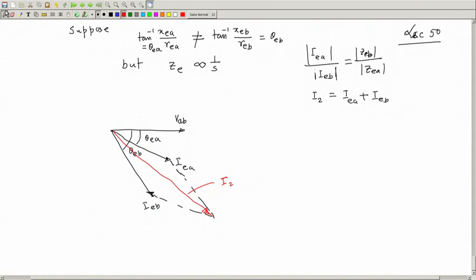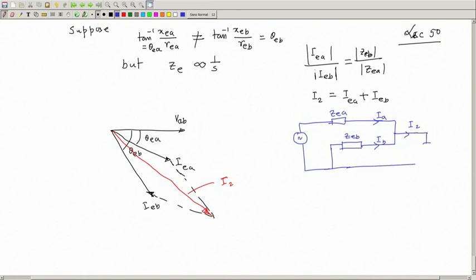Now, I redraw this circuit to avoid any confusion. This is my circuit, this is your ZDA, this is your ZDB, these two are in parallel, this is your I2, this is your IA, this is your IB, and here is your secondary load Z2.